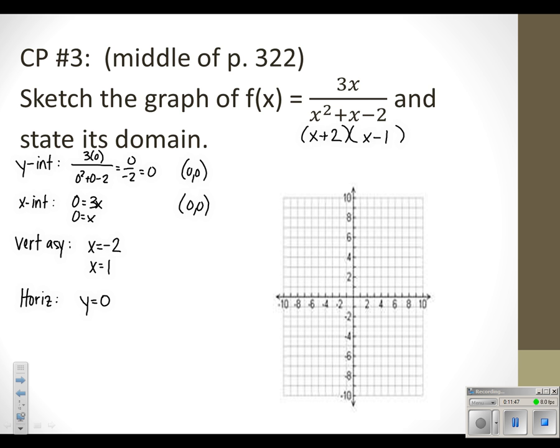All right, so let's get these lines and these intercepts on here. Both the y-intercept and the x-intercept are the origin. Then we had two vertical asymptotes, x equals 1 and also x equals negative 2.